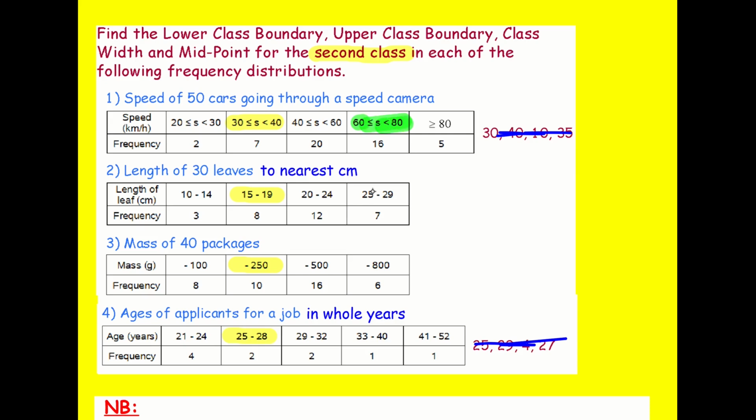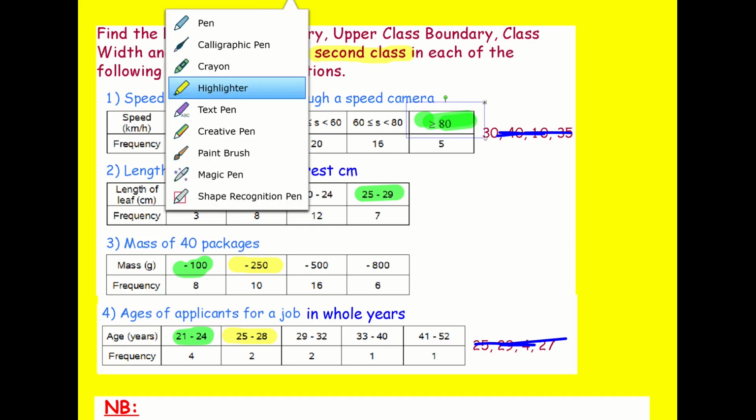Let's do that one. Oh, actually, I changed my mind. This one's too easy. How about this one? And then we'll go with, I already told you about that one, but let's do it anyway, just in case you weren't paying attention. And then I think I'll do this one here. Okay, pause the video, give these a go.